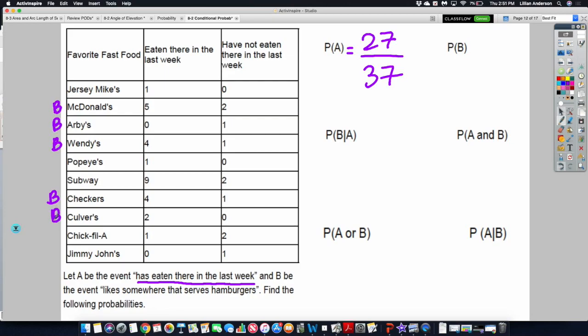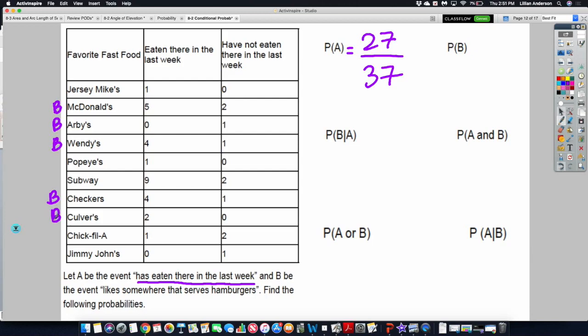All right. So now that we know this, we're looking for the probability of someone liking somewhere that serves hamburgers. How many people is that? Okay. What numbers are you adding?